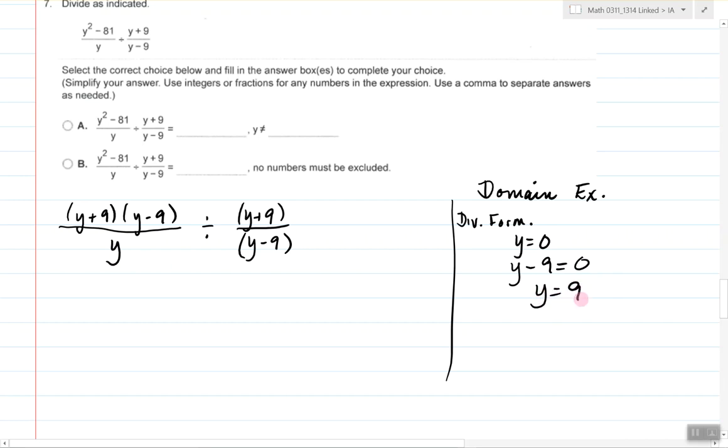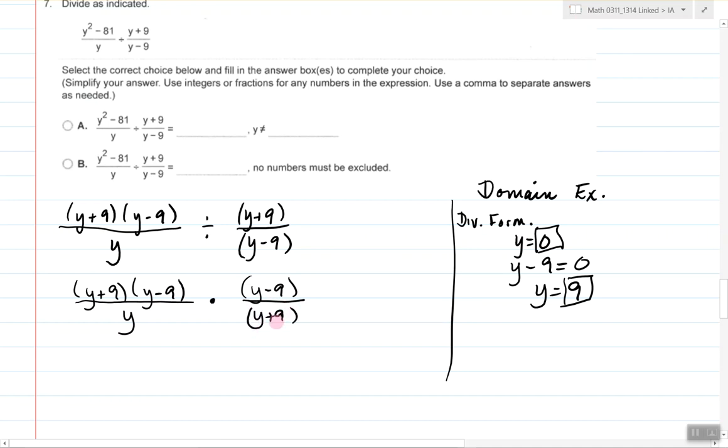So right now I have 0 and I have 9 as domain exclusions. Moving back to the problem, I will keep y plus 9 times y minus 9 over y, change to multiplication, invert or flip the second fraction.